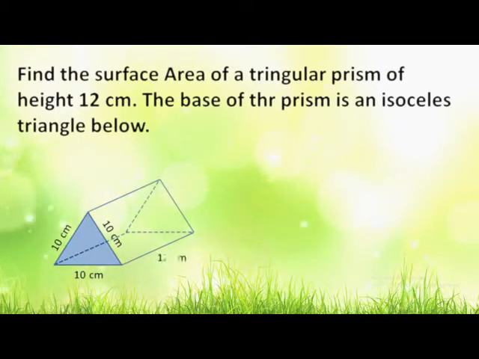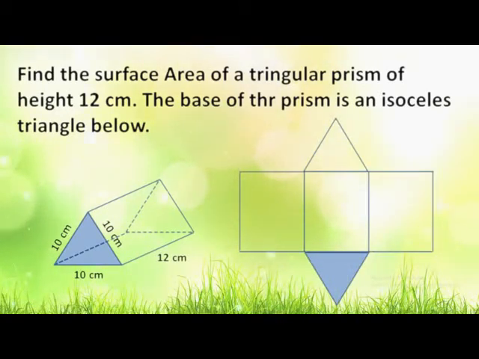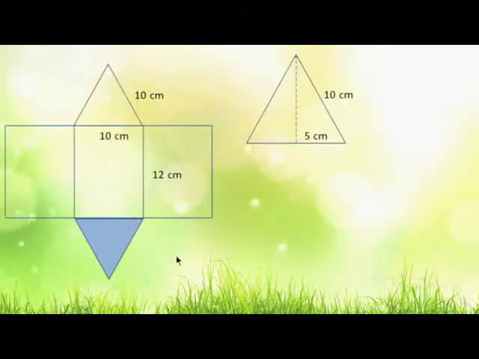So in order to find the surface area of this triangular prism, we need to figure out the net. And this is the net. This is 10 centimeters from the triangle, and this side is 12 centimeters from the height.